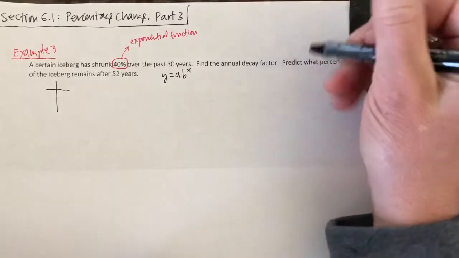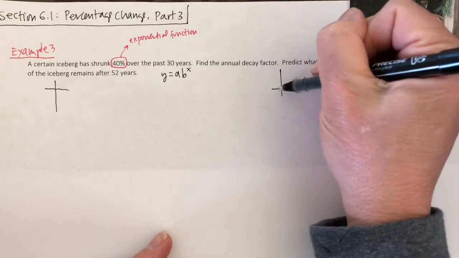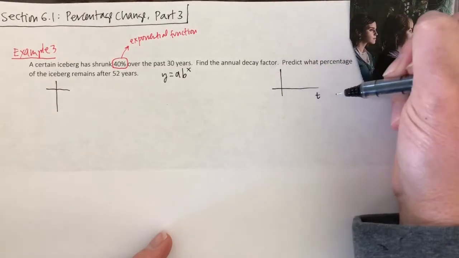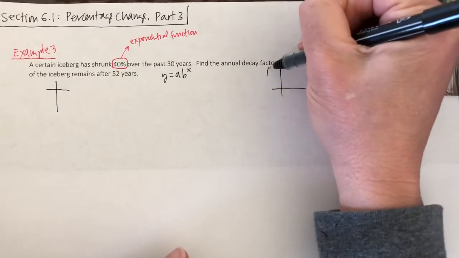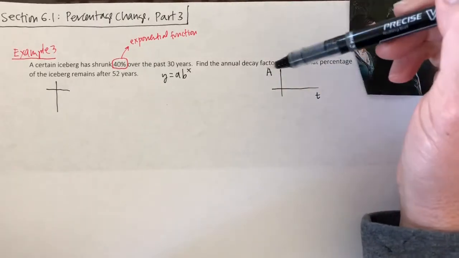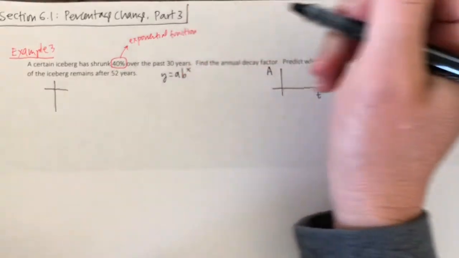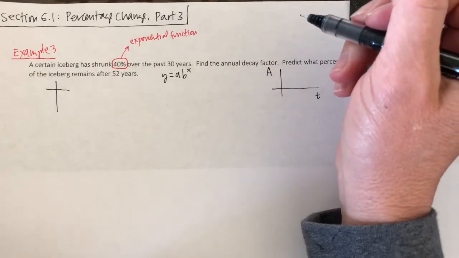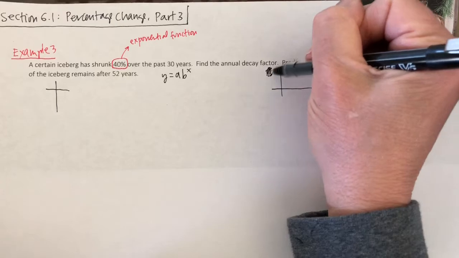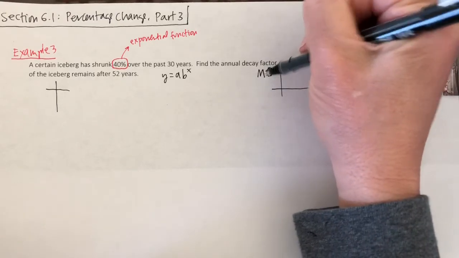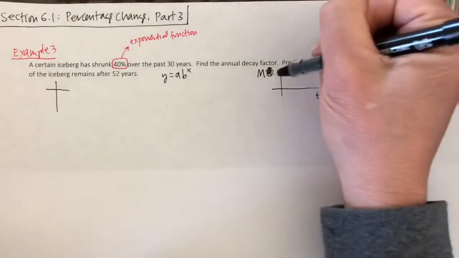This function is going to be over time, and we'll call this A, the amount of the iceberg that remains. No, let's call it mass, because we have another A already.